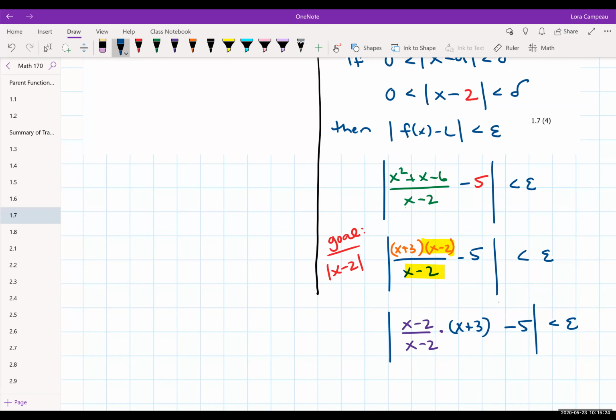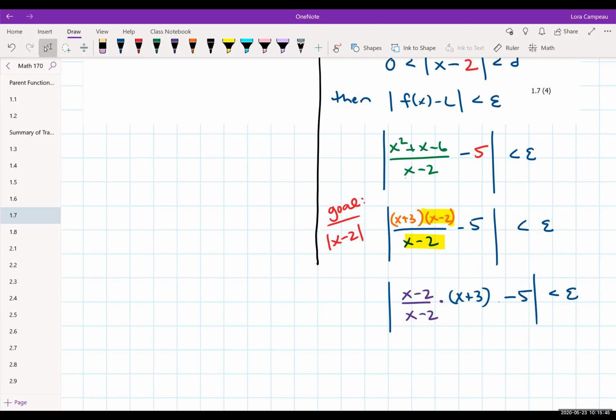And let me see if I can play with this. Let's see if we can pull out an x minus 2. Yeah, I'll go with that.